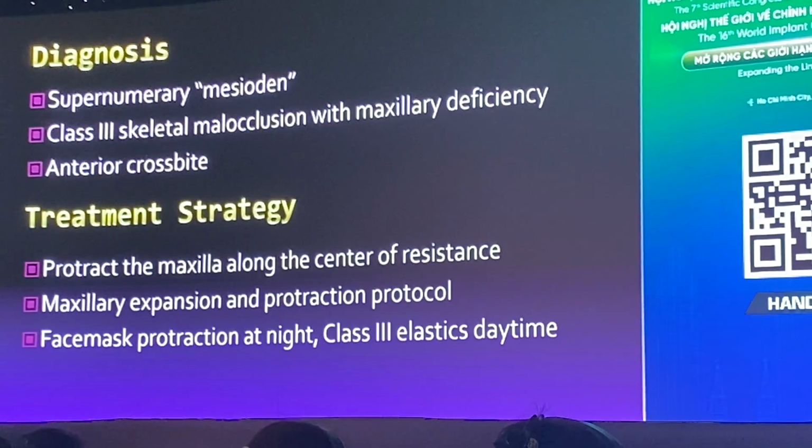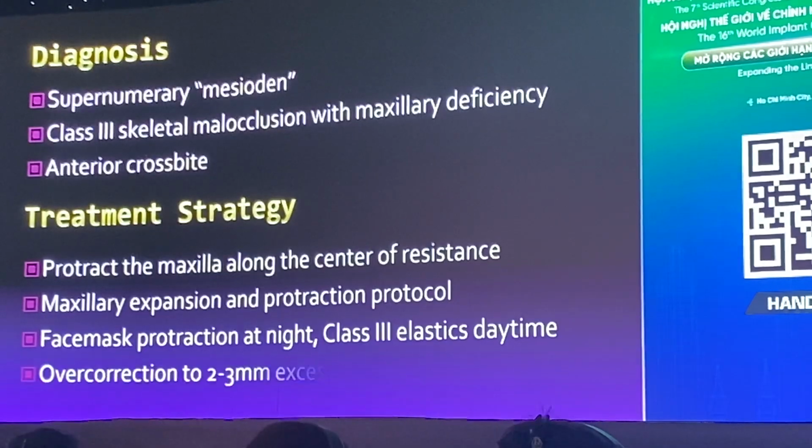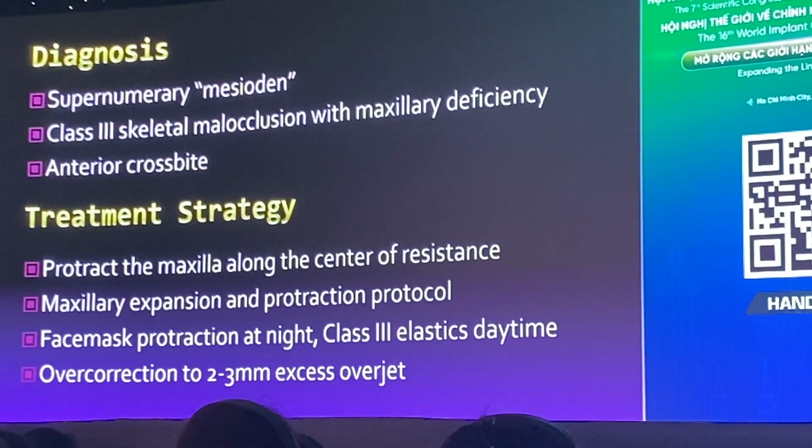But during the daytime, you need to supplement with class 3 elastic, which is only 3 to 5 ounces, but it's necessary. I will show you why. And then finally, overcorrection, because you are anticipating future disharmony of growth between the upper and lower jaw. So those are the 4 strategies.